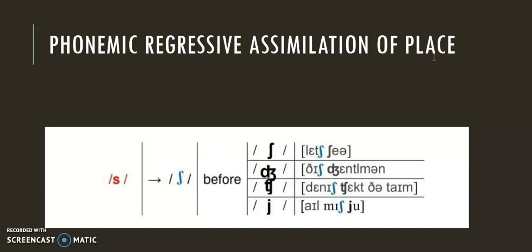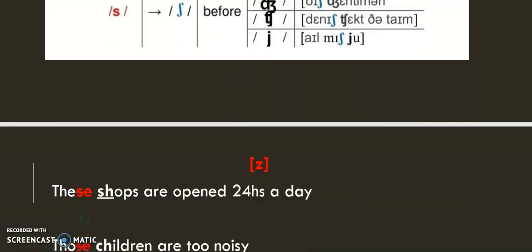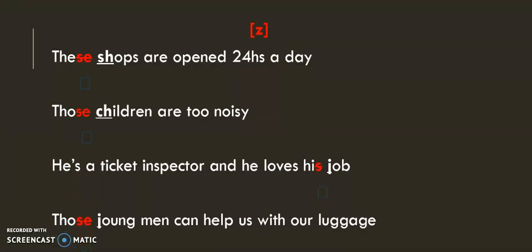So we are again in the presence of a case of phonemic regressive assimilation of place. And z changes into zh in the same context we have introduced for s.